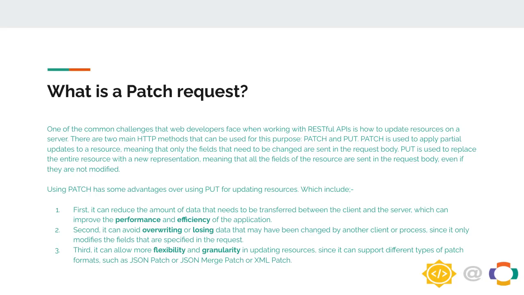The difference is that with the patch request, you only send the field that you would love to update. You do not need to send the entire JSON document just to update, for example, a name, which is the downside of the put method.